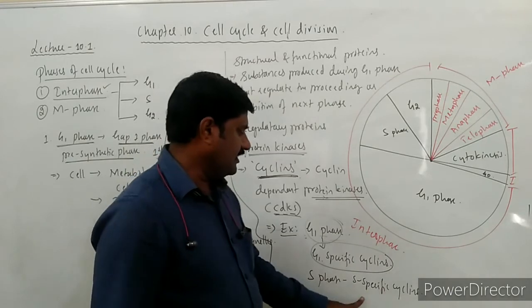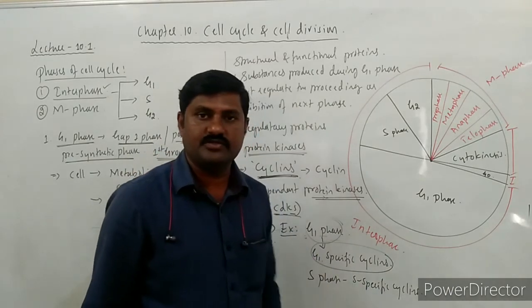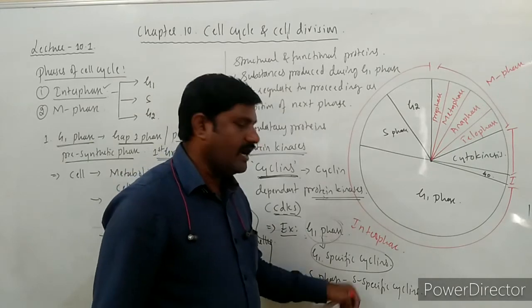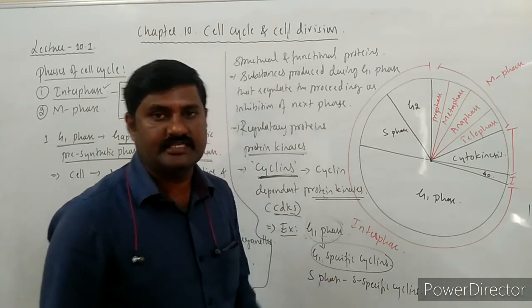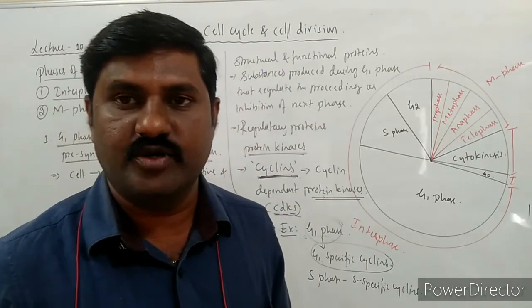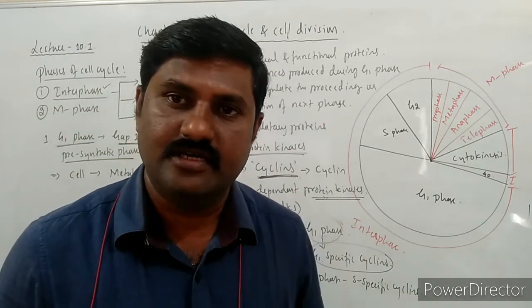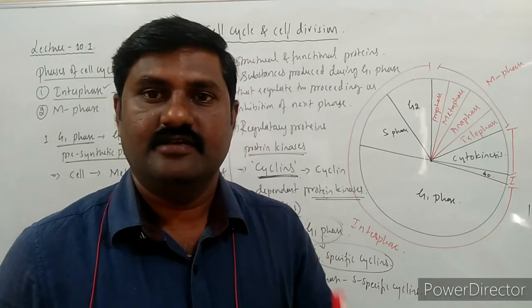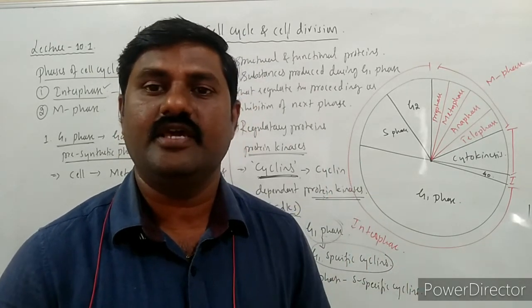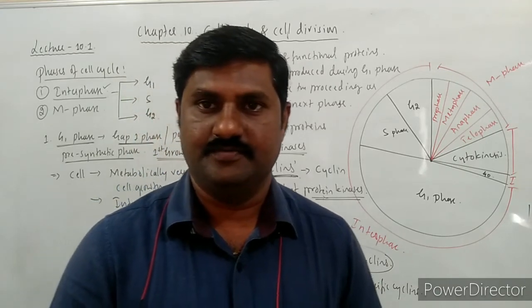So the S specific cyclins are produced, they continue the S phase, and they also are destroyed after S phase, then the G2 specific cyclins are produced, and ultimately after the G2 phase, they are also destroyed. This is the fact you must be aware of, right?